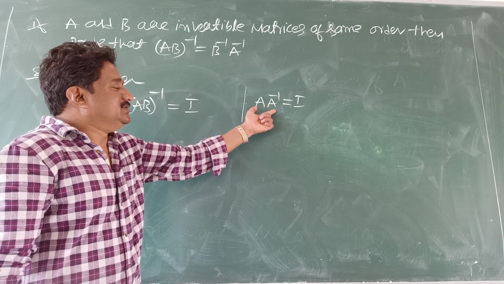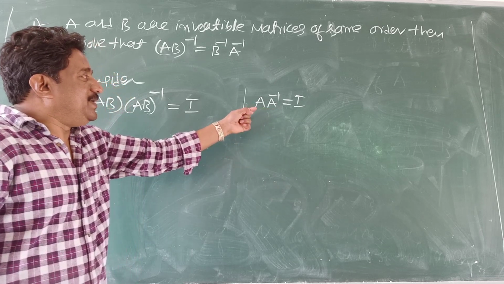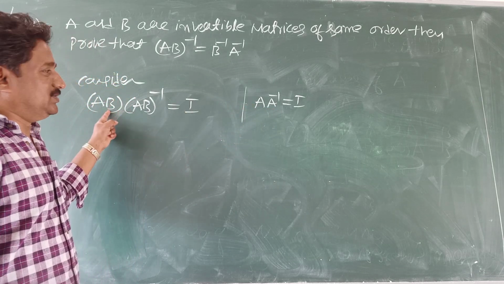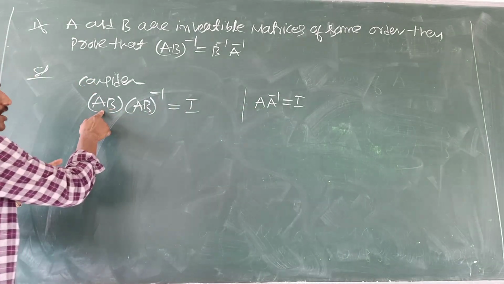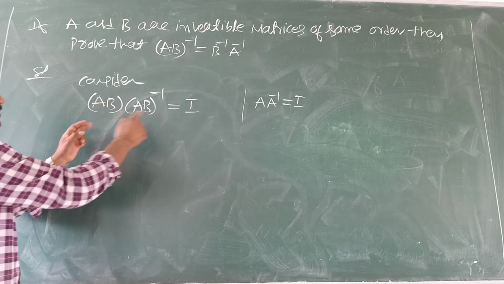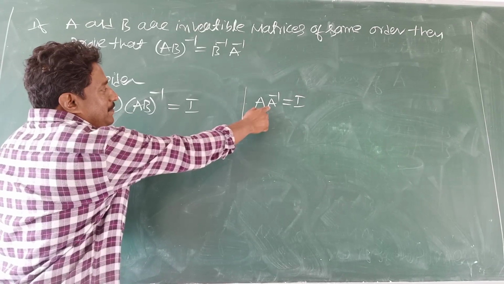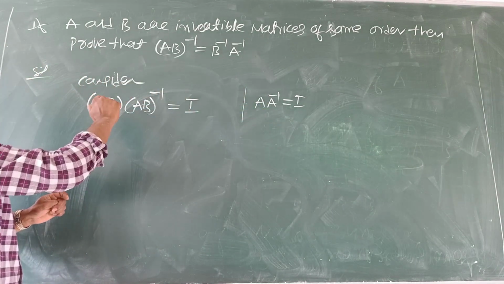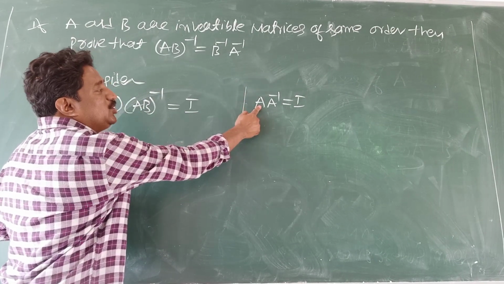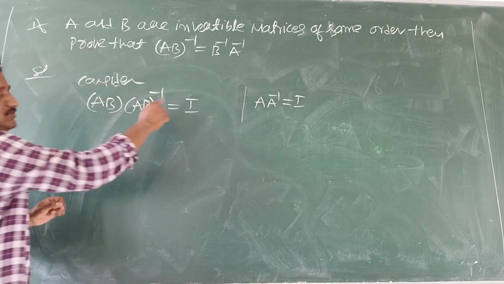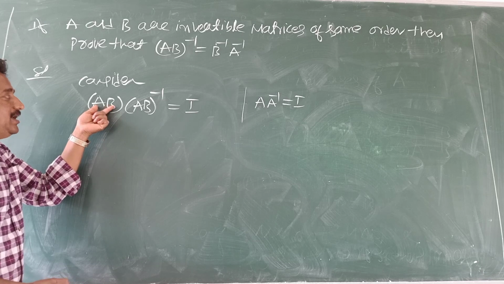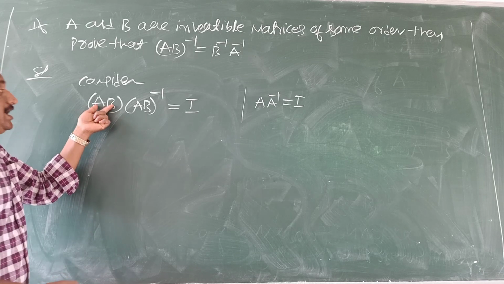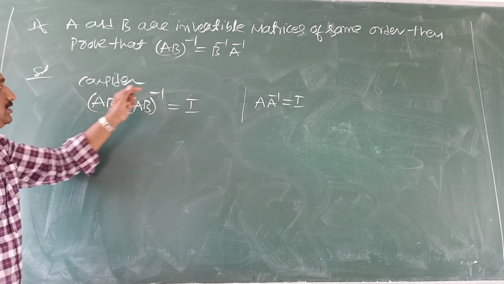The same rule has been used here also. In the place of A, here I have taken AB, that's all. Put A is equal to AB, you are going to get this one. In the place of A, I am taking AB into (AB) inverse.